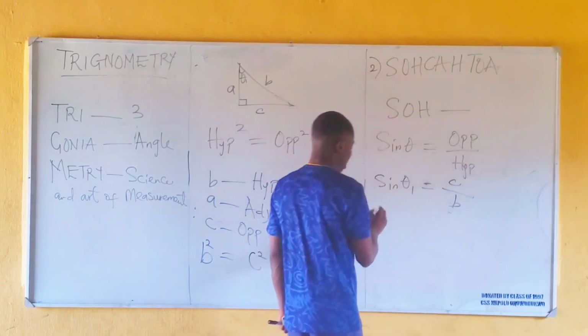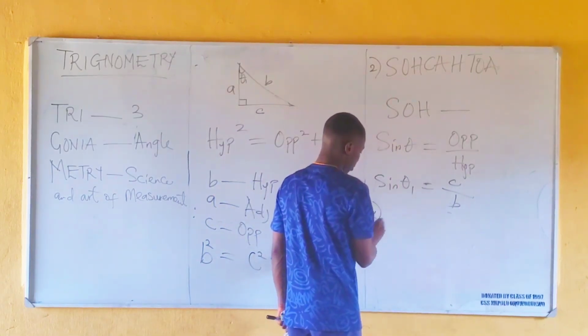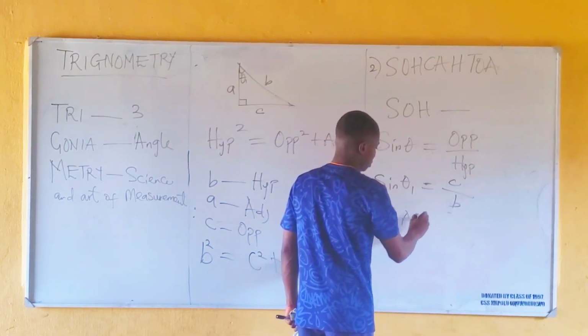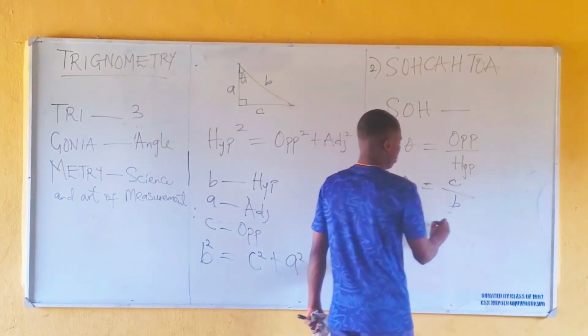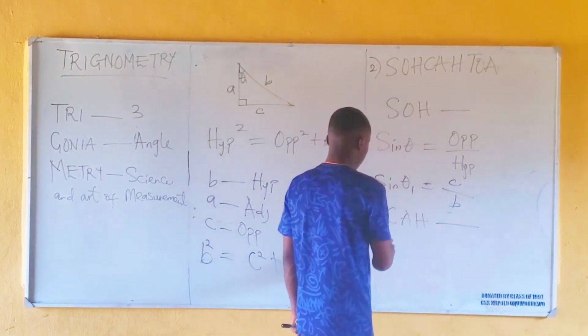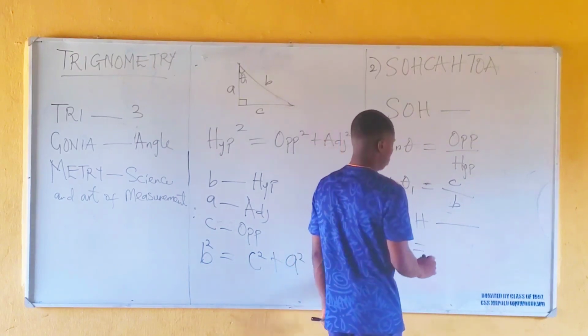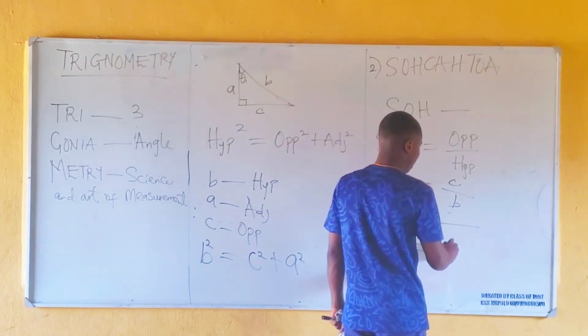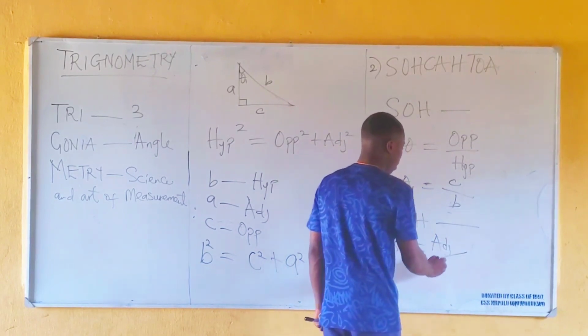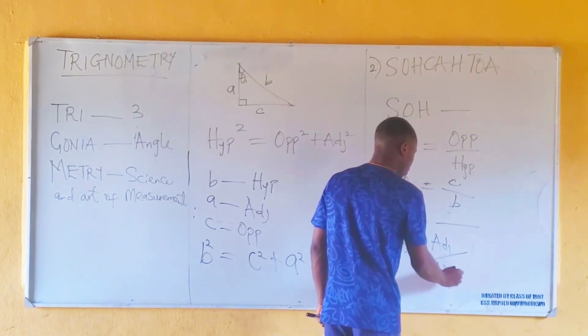And then CAH means cos theta equals adjacent all over hypotenuse.